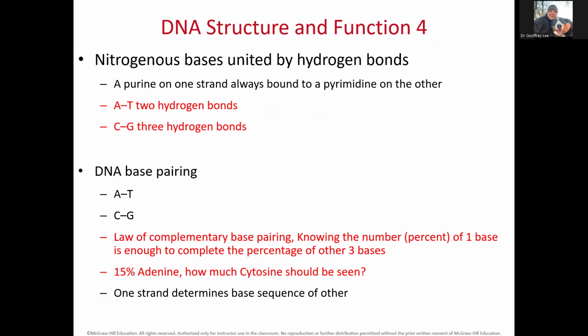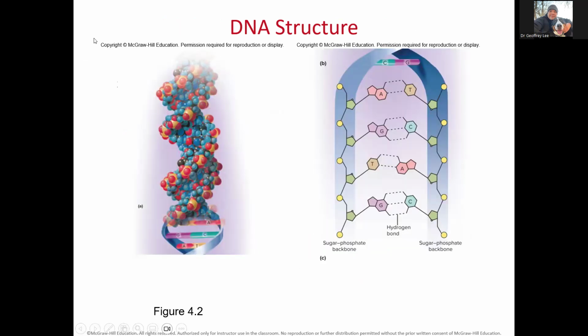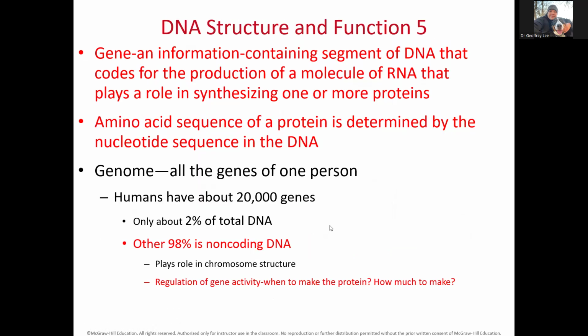That's going to make up 20%. These two then need to make up the remaining 80%, and they're found in equal numbers. What's 80 divided by 2? 40. So by knowing one, you should know all of them.